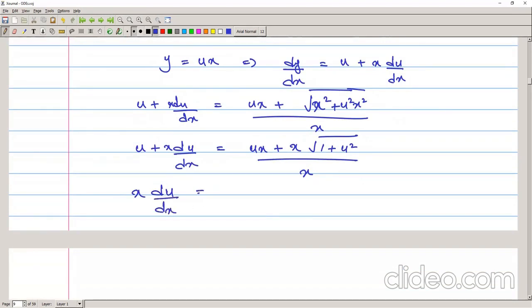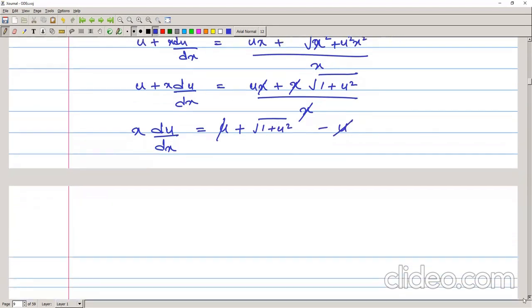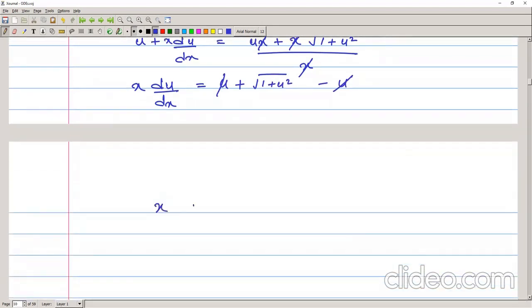And now we can simplify this equation. So x du over dx is equal to this x, and this x is common, so it will cancel out with the x in the denominator, and we will be left with this minus u. So u and u cancel out. Therefore, we are left with x du over dx is equal to the square root of 1 plus u squared.